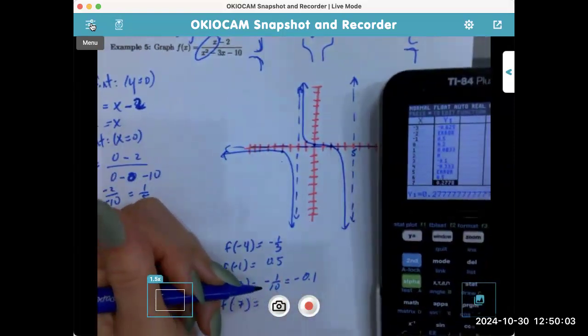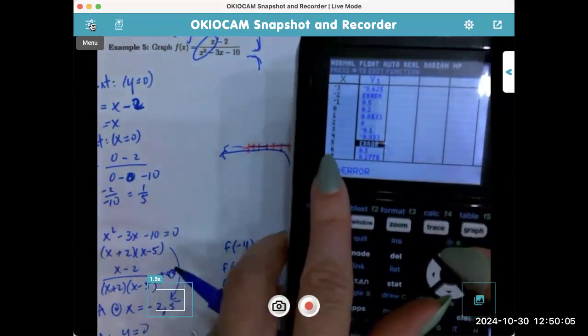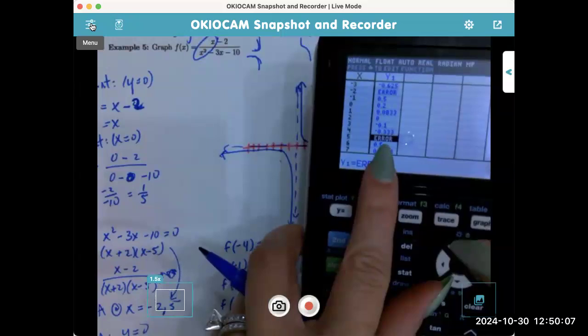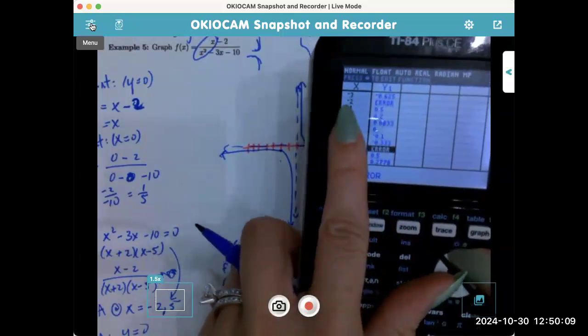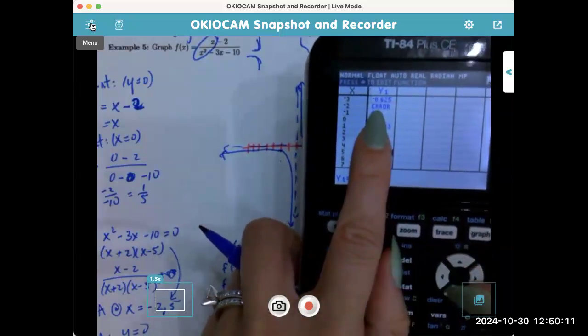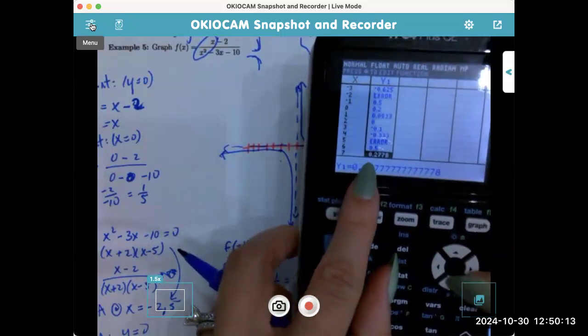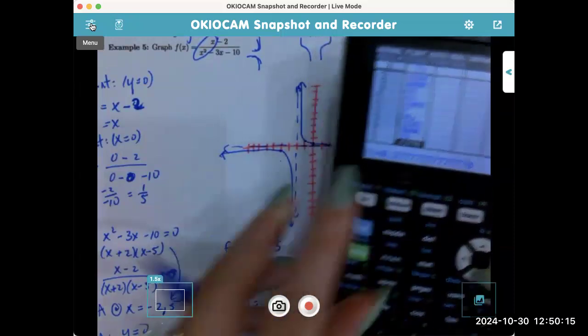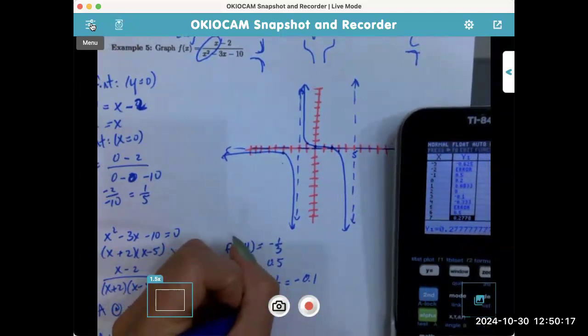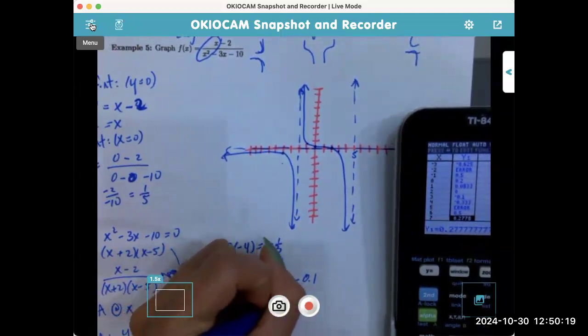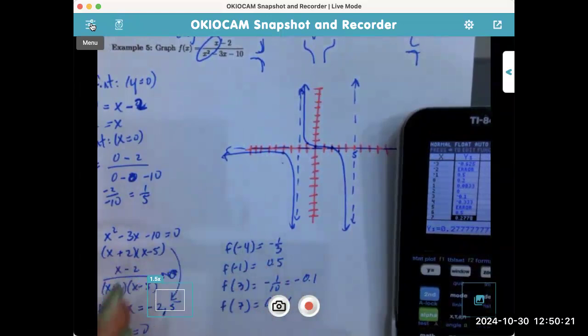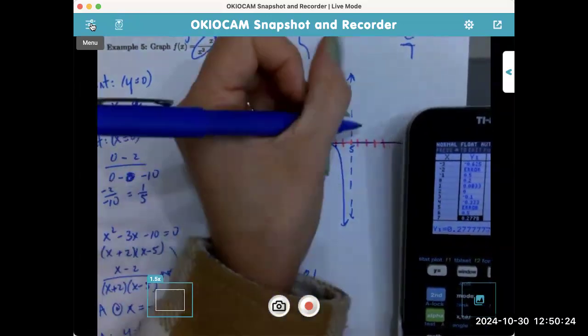f of 5 says error, and f of -2 says error, because that's where the asymptotes are. f of 7 is 0.27, a little more than a quarter, so up here.